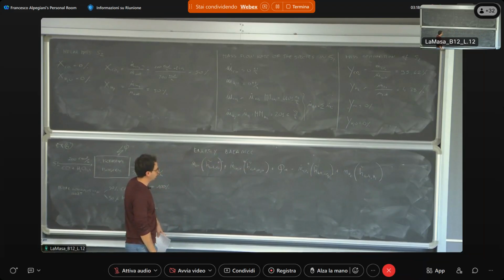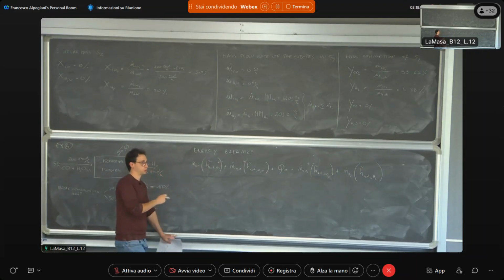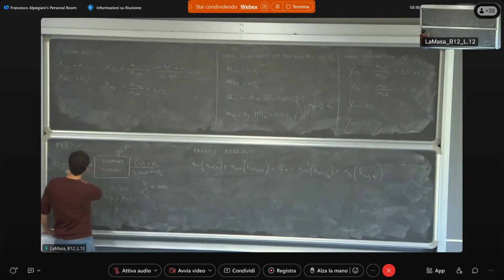Okay, so this can be done since we are considering an ideal mixture of ideal gas, and in particular, the total enthalpy is not a function of the partial pressure of the species components of the stream.